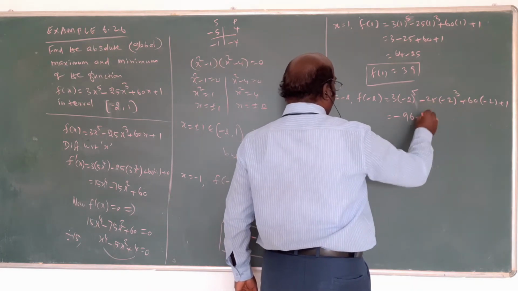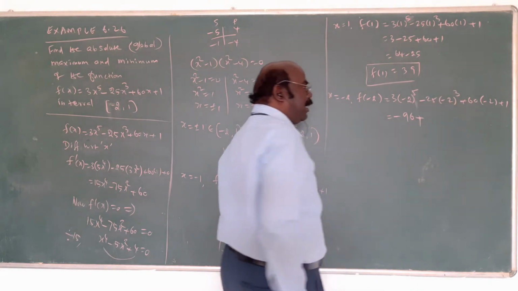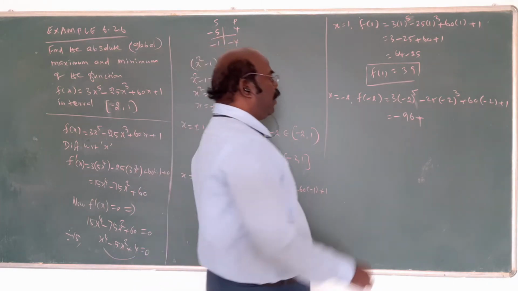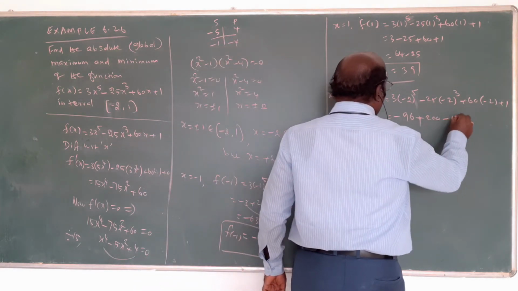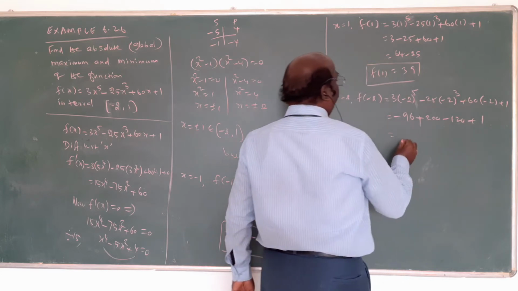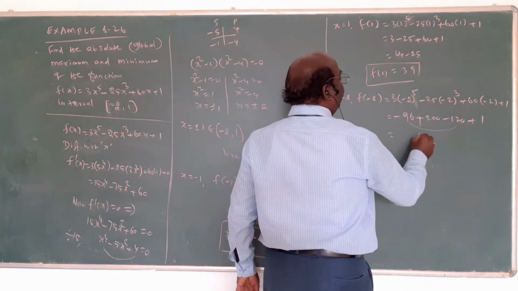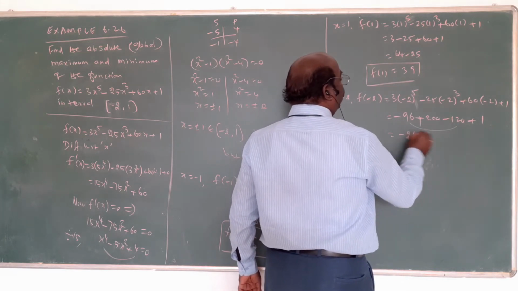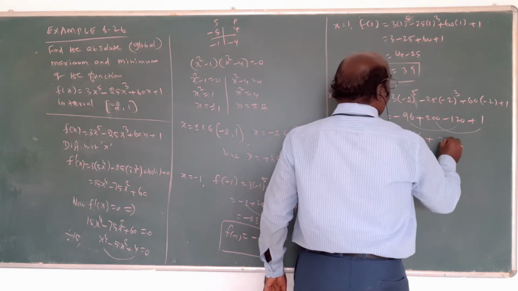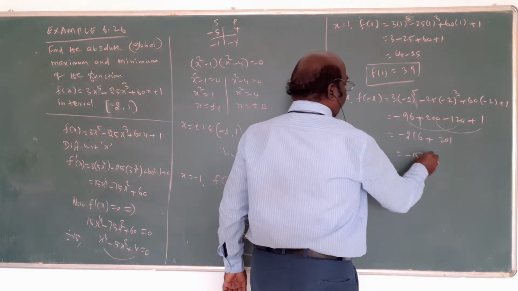Again minus 2 power 3 is minus 8. 8 into 25 is 200. Then minus 120 plus 1. Adding these, 200 and so on. Now subtract.